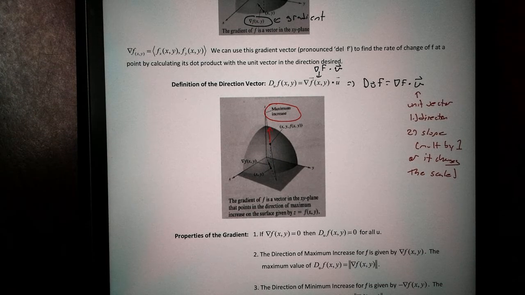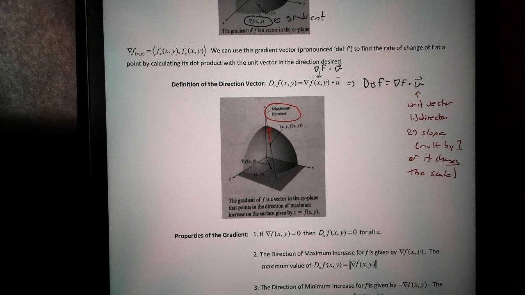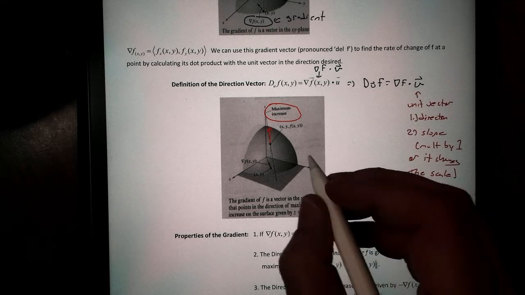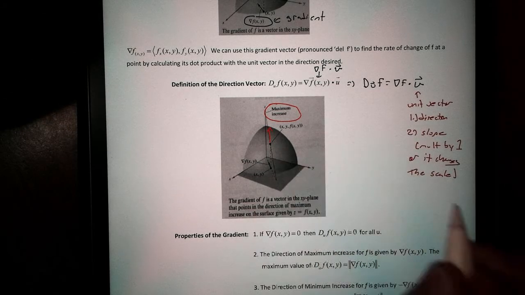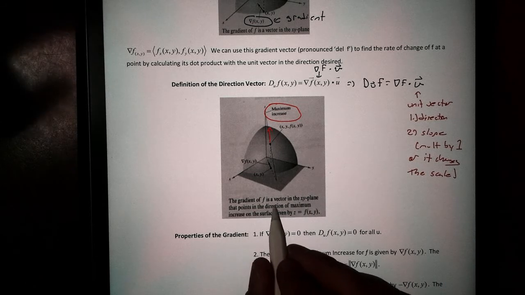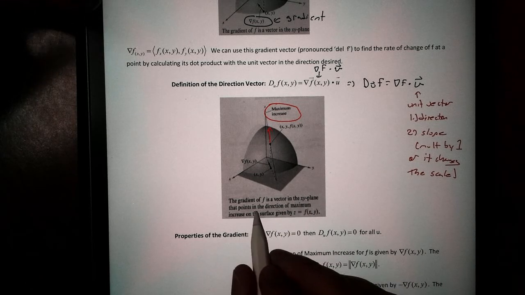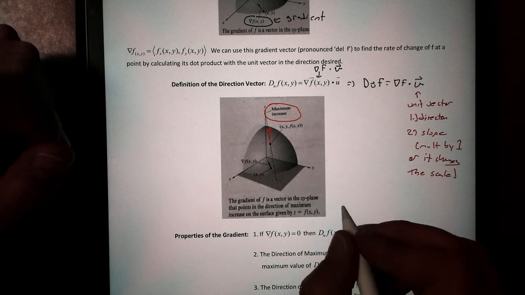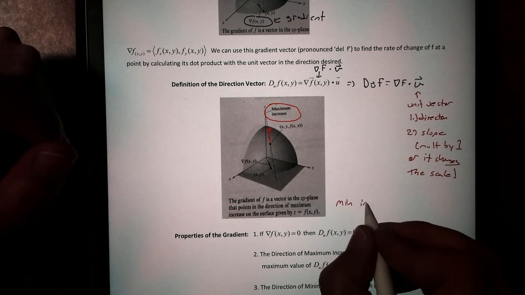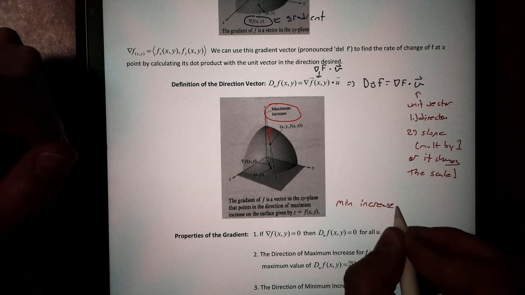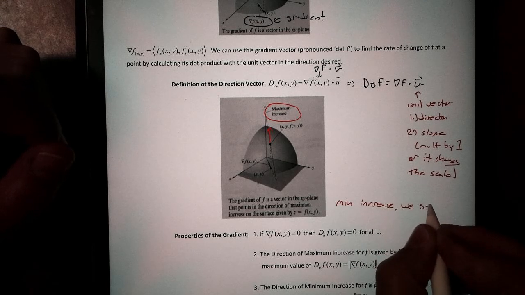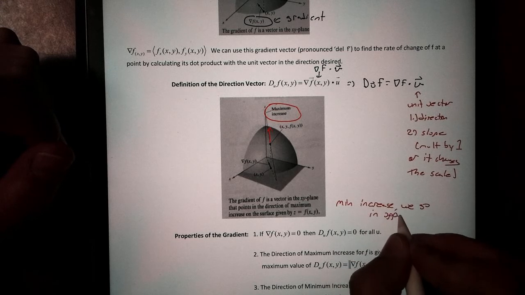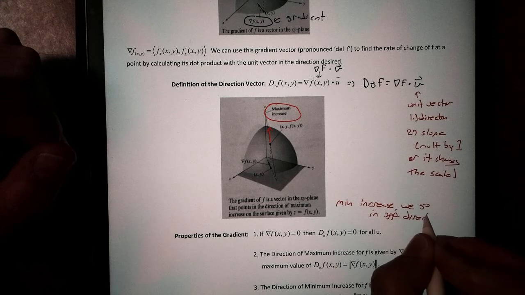So we also talked about, well, how do we then get our minimum increase? Well, to get the minimum increase, we go in the opposite direction. So the gradient f of a vector in the xy plane points in the direction of the maximum increase. If we want the minimum increase, we go in the opposite direction. And that should make sense.